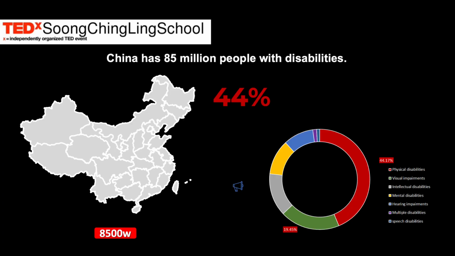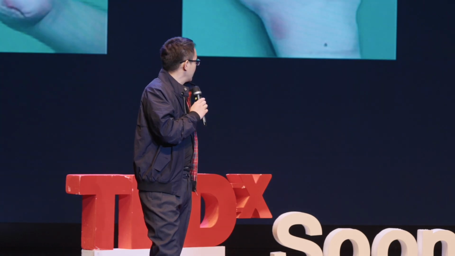And in China, there are 85 million people who have disabilities, and 44% of them have leg and hand problems. This is the very reason why I switched my major from material science to robotic science. I needed to do something to help people have a better life.